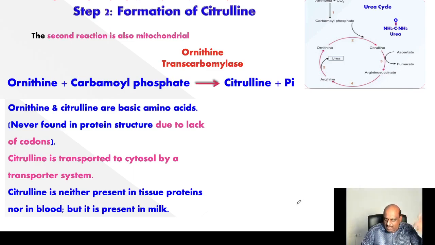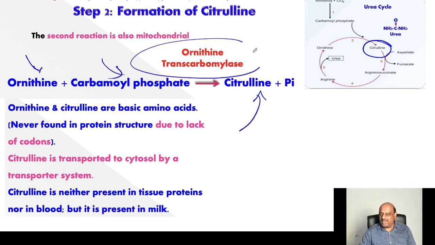Now the second step, come on, quickly tell me. It is the formation of citrulline. This is also mitochondrial. Ornithine plus carbamoyl phosphate gives citrulline. And what is that enzyme called? Ornithine transcarbamylase is what you need to remember. Ornithine and citrulline are basic amino acids.